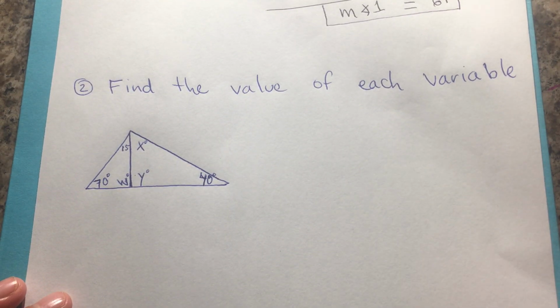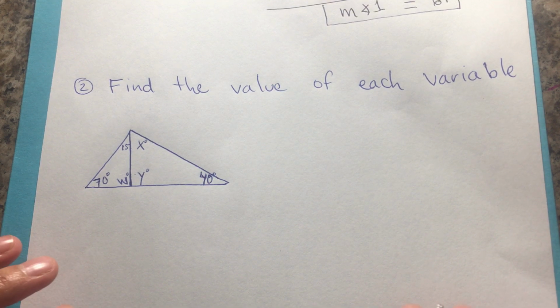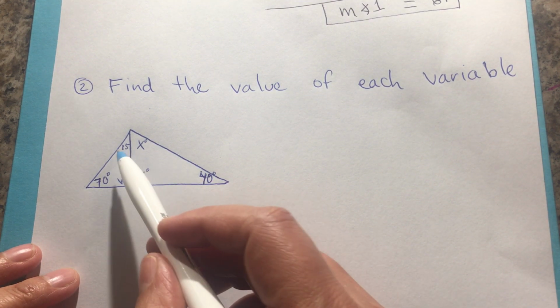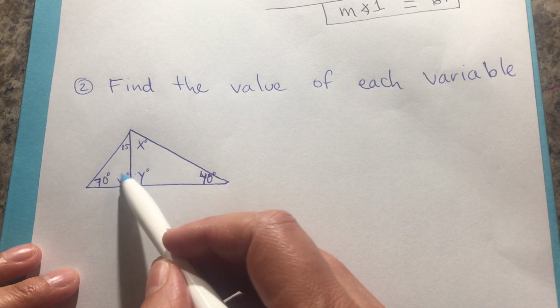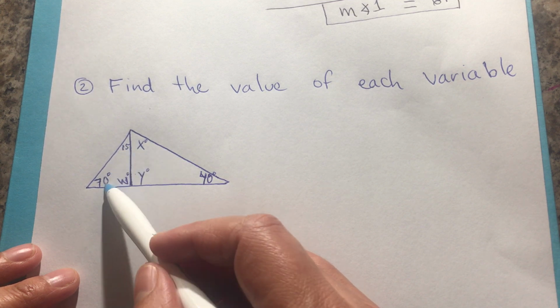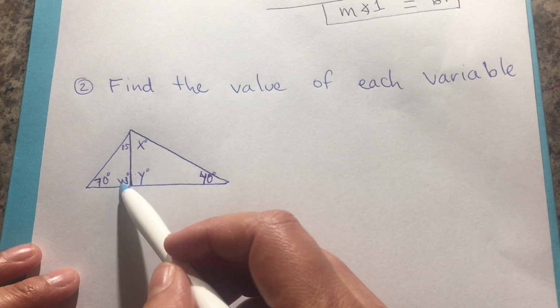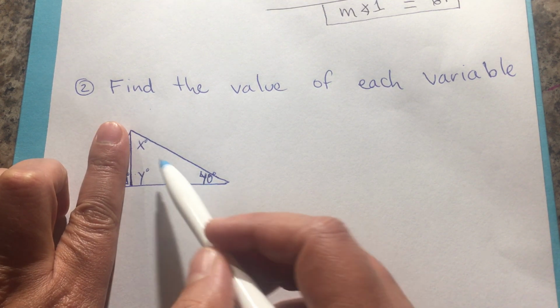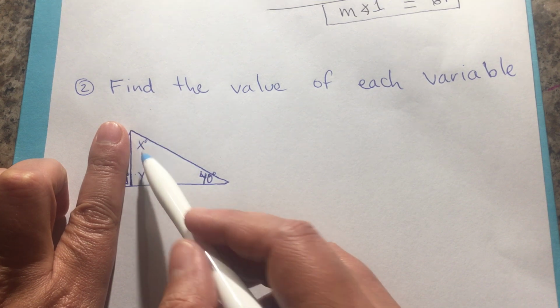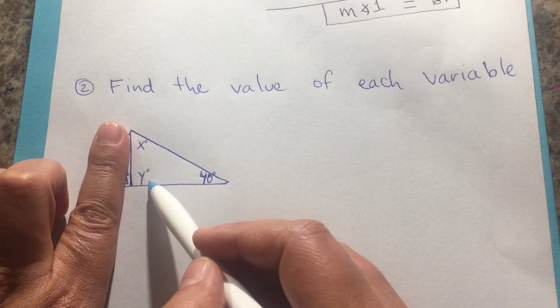Number 2. Find the value of each variable. In here we have two different triangles, and when I'm missing only one of the angles, we can actually figure out that angle. But if I go directly to this triangle, I'm missing two different angles, so I will not be able to find that.